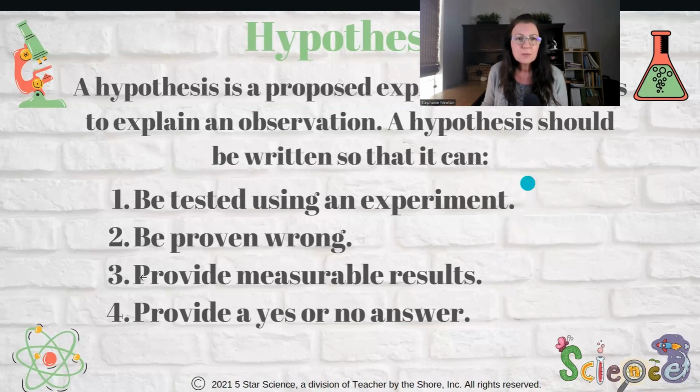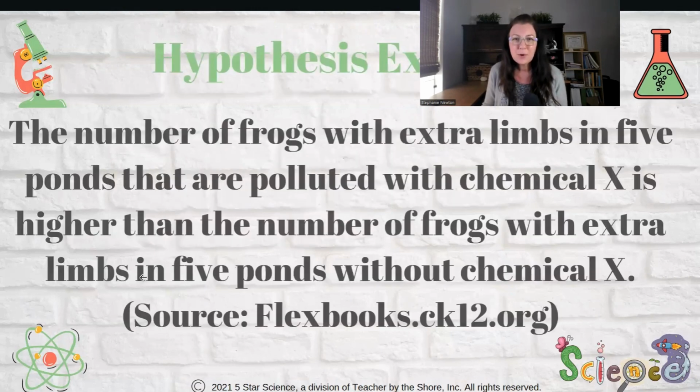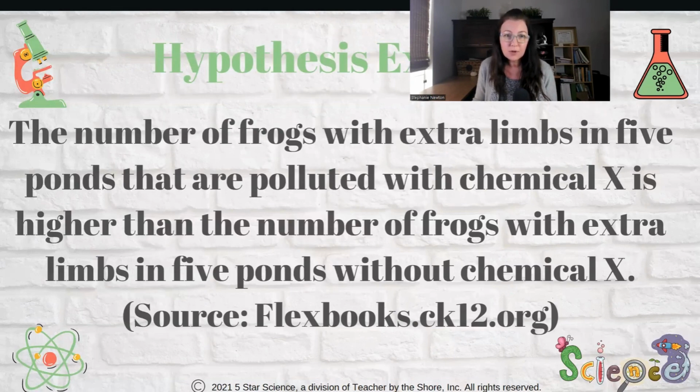So I do have an example. Here's an example of a hypothesis for these extra limbs on the frogs. The number of frogs with extra limbs in 5 ponds that are polluted with chemical X is higher than the number of frogs with extra limbs in 5 ponds without chemical X. So this hypothesis is guessing that there's a chemical causing more frogs to have extra limbs.